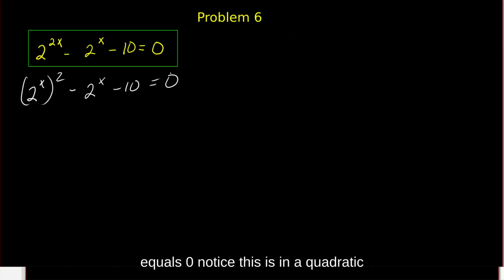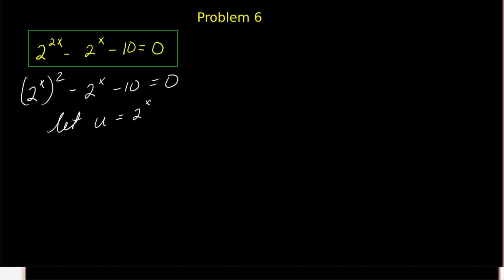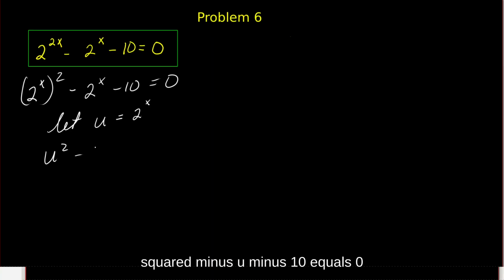Notice this is in a quadratic format. So to make things easier, let's let u equal 2 raised to the power of x. So now I can substitute, so I have u squared minus u minus 10 equals 0.